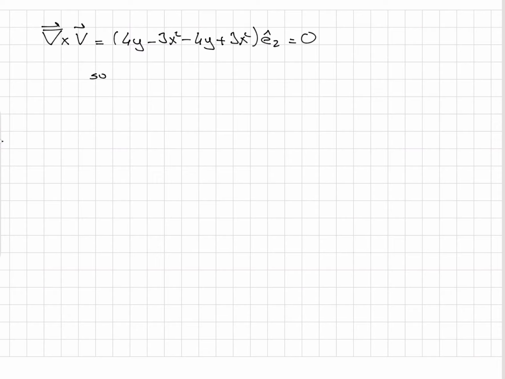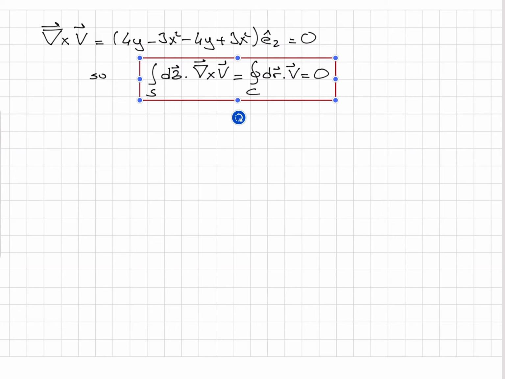So we can conclude that the surface integral dσ dot product with curl v, which is the closed path integral ∮ dr · v, according to Stokes' theorem, must be 0 because the curl is 0.